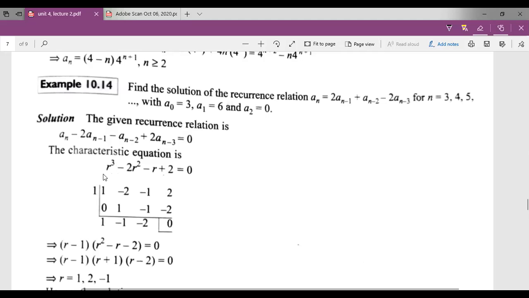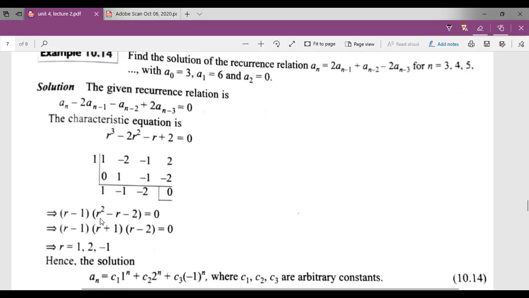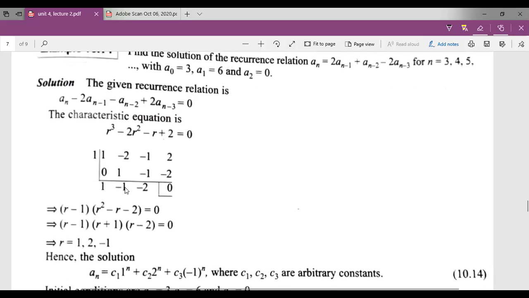So we solve this equation by synthetic division. The roots are (r - 1)(r square - r - 2) = 0. We solve this: it is (r + 1)(r - 2).